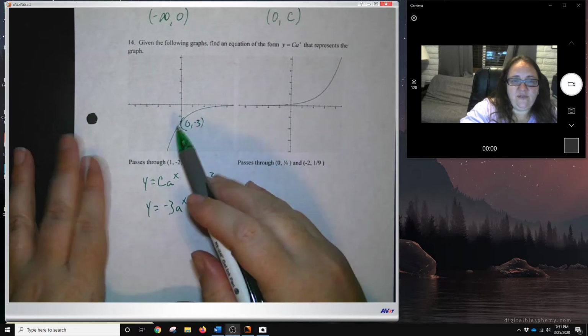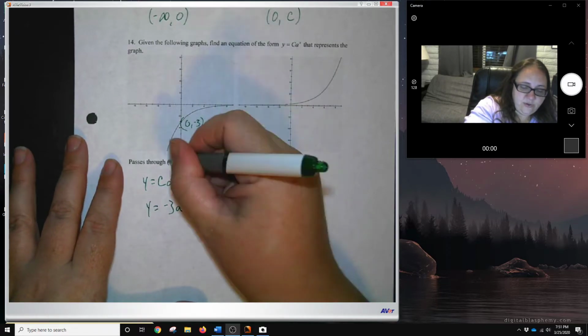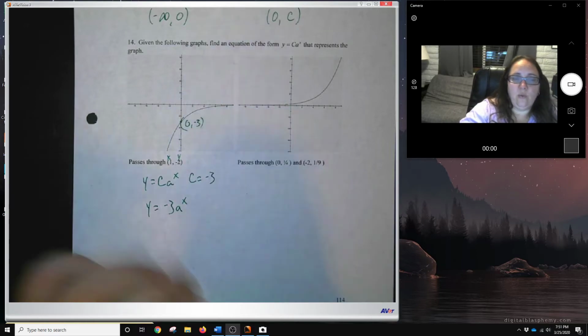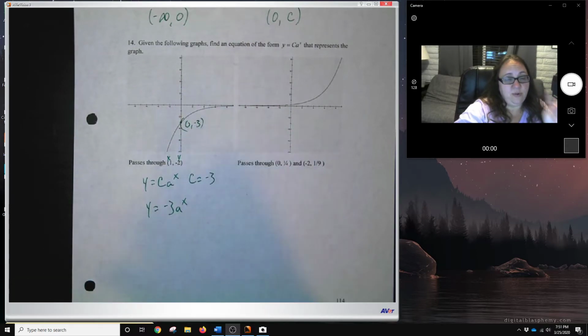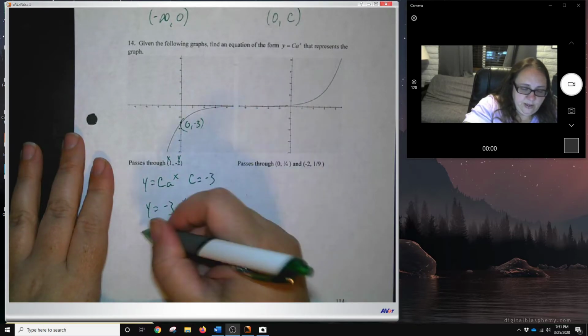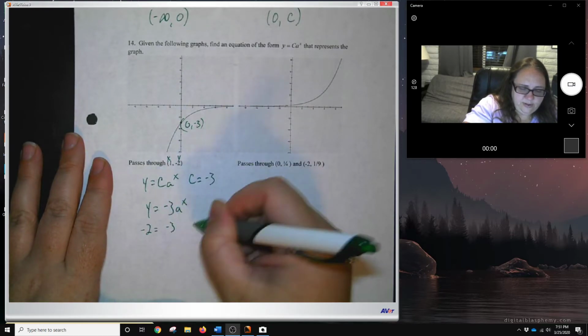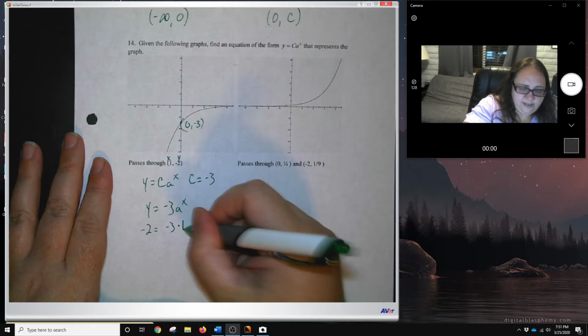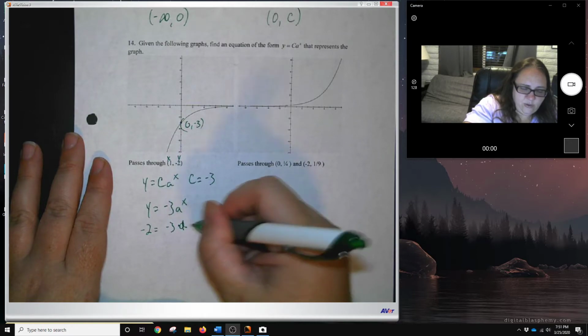And now they've given me the point (1, -2), so that means when x is 1, y is -2. So I'm going to plug those two values in and then solve for a. -2 equals -3 times a to the 1.